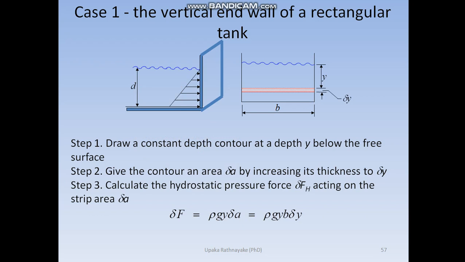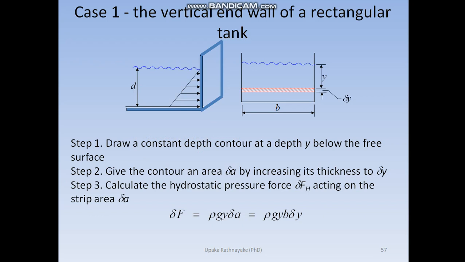It is the hydrostatic pressure into the area. At this particular level, we have a hydrostatic pressure of rho g y, and the area is delta A. Therefore, delta F is equal to rho g y delta A, and delta A is B delta Y, so it is rho g y B delta Y.